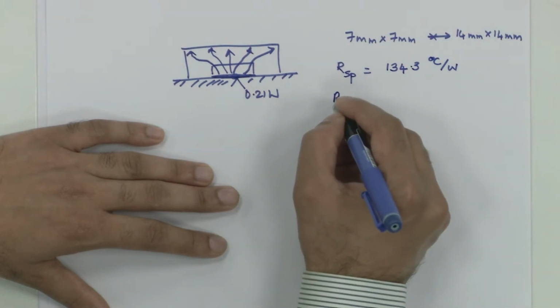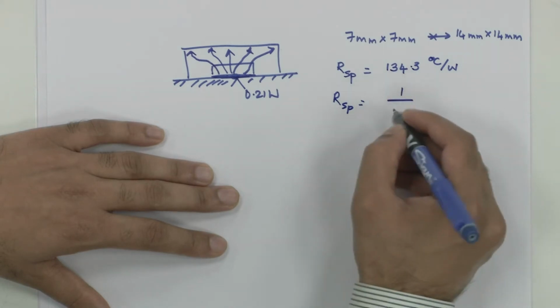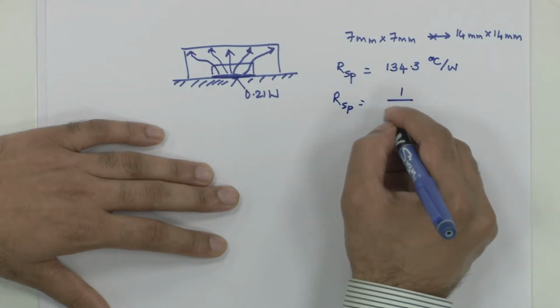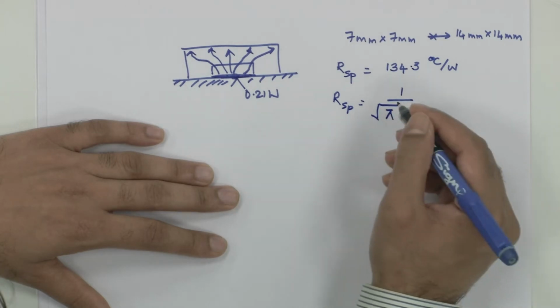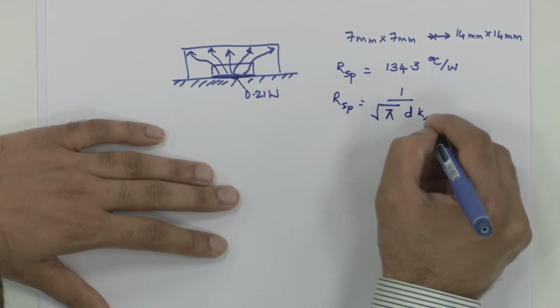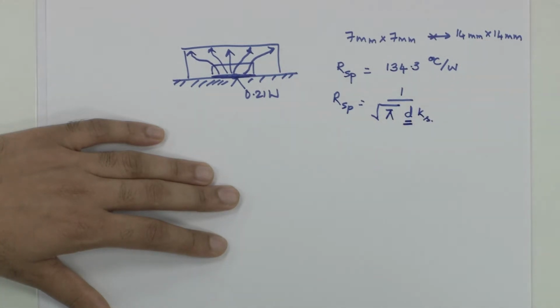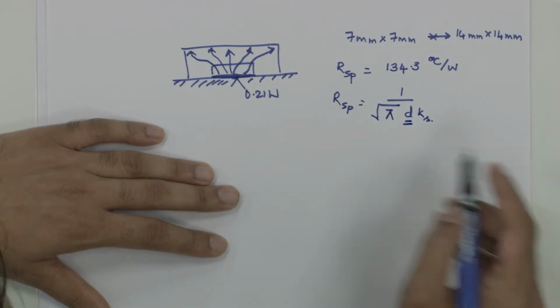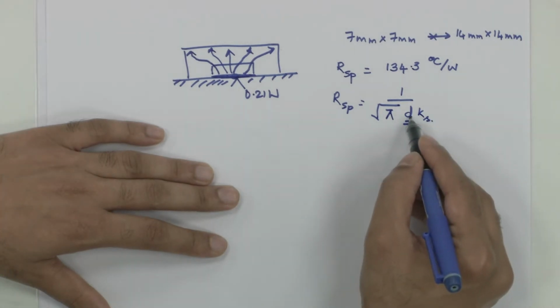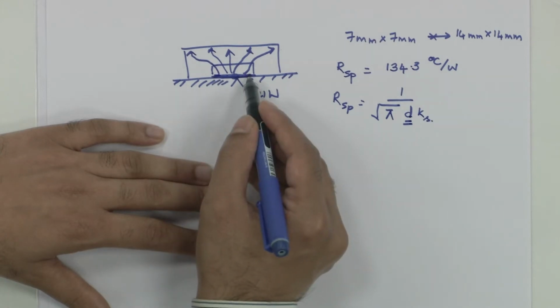The spreading resistance formula that we use is 1 divided by square root of pi times d times k of the solid. So, d is the diameter or the characteristic length scale of the smaller of the areas.